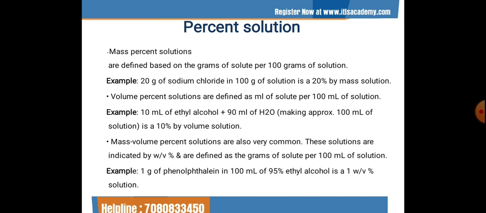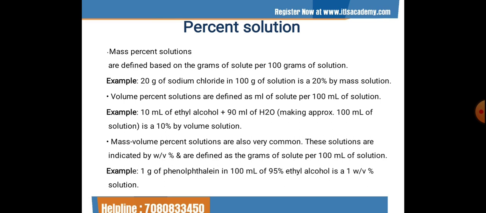Here we only have to deal with 100, which means we are taking all the measurements in 100 ml, not in liters. So mass percent solutions are defined based on grams of solute per 100 grams of solution. Example, 20 gram of sodium chloride in 100 gram of solution is a 20% by mass solution.